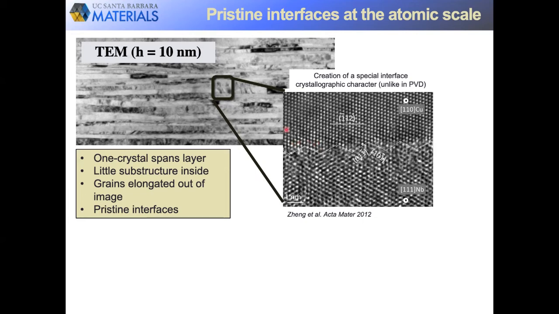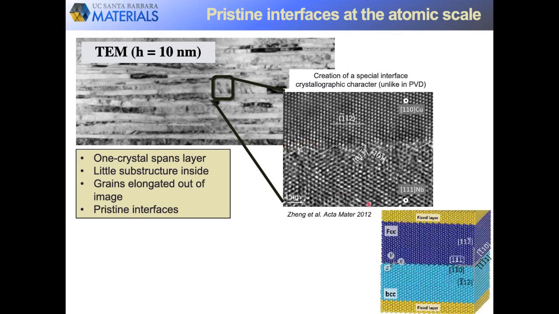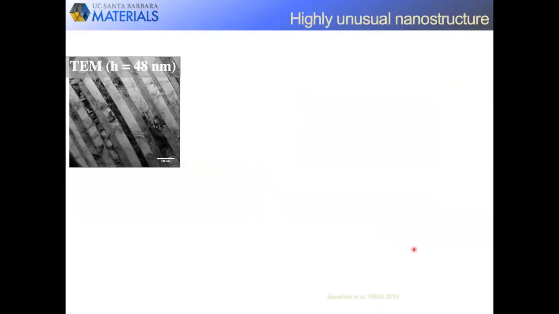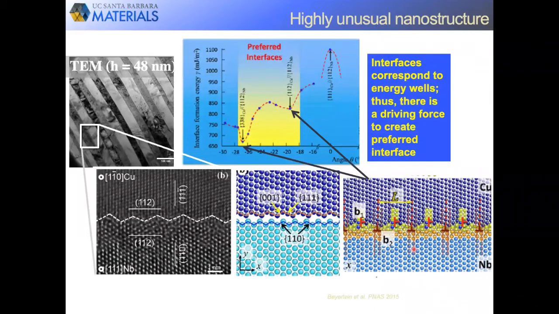So knowing the orientations of these crystals that are being joined, and there are actually just two, in fact, we could create a 3D atomistic model of this particular copper niobium orientation. And so we create this, then we relax it, and then we calculate the interface energy in its equilibrium state, and also its structure.